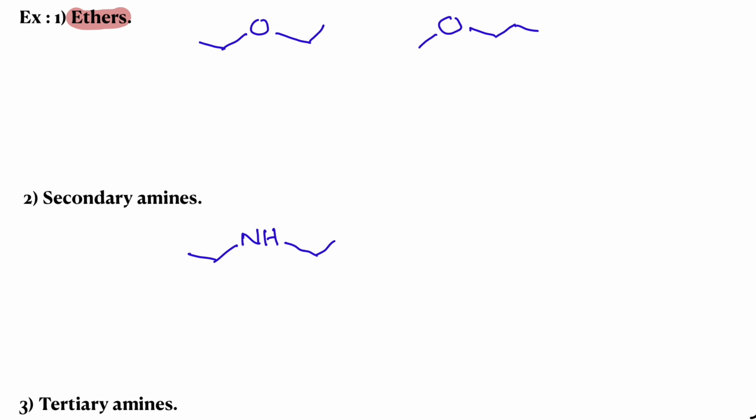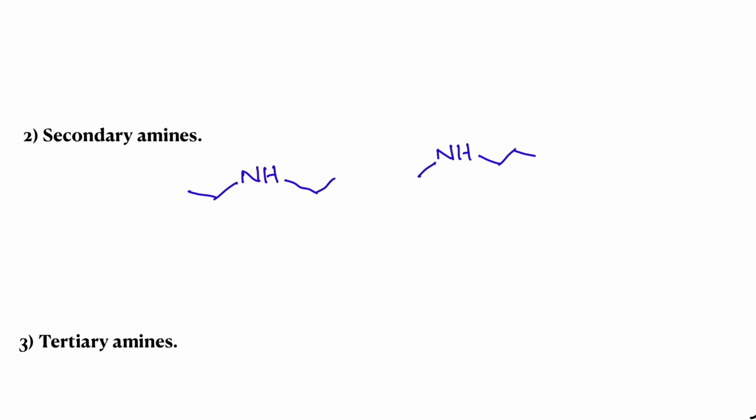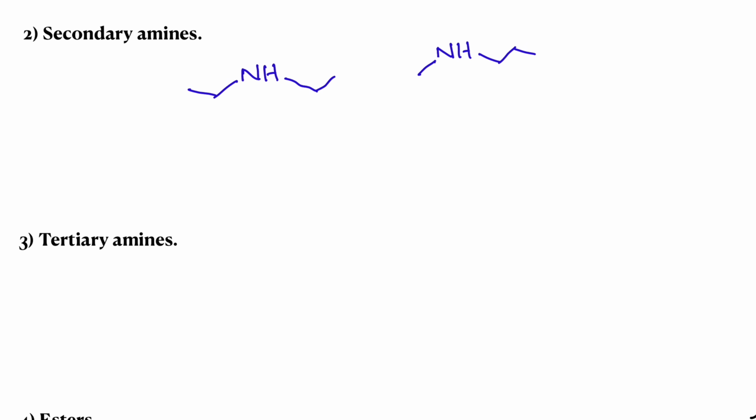On both sides I am taking ethyl groups, but they should not be functional group isomers. You should not write a tertiary amine. Once the functional group is different, they are said to be functional group isomers. Tertiary amines, 3-degree amines, like this, all ethyl groups, for example, tertiary amines.